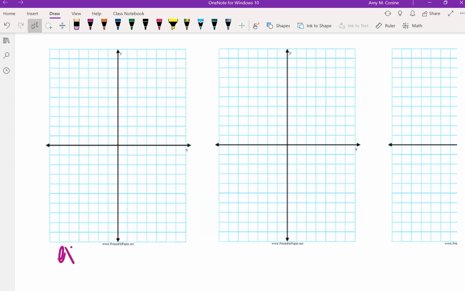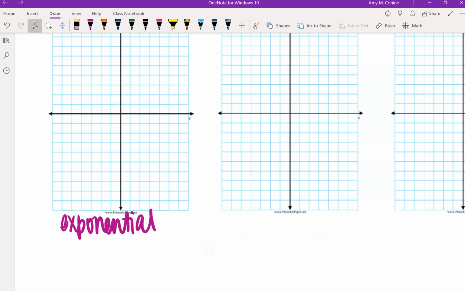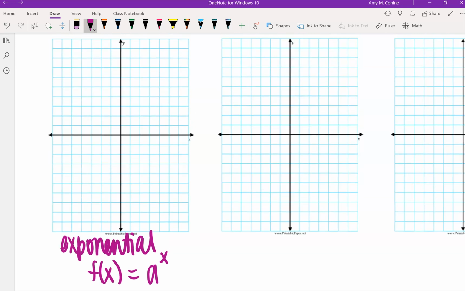Next one, we have exponential. We have an exponential function. That is where your y, your f of x, is equal to some base a, and your x is in the exponent. So what that looks like is you always have this (0, 1). If x is 0, you get 1 no matter what.